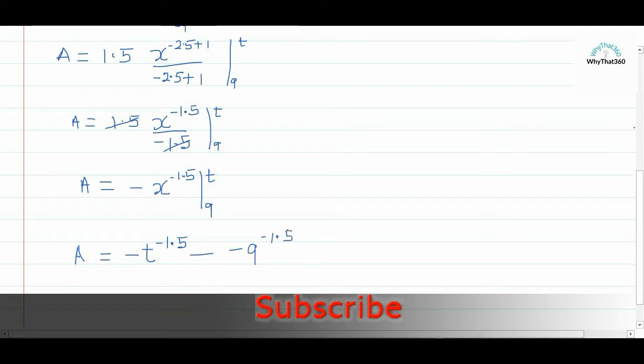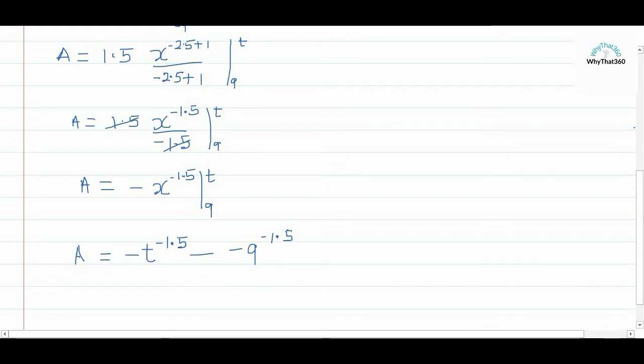Yeah, there are two negatives here. When we substitute 9 in, we will get negative that, and when we substitute t in, we will get negative that, and we have to subtract the lower limit from the upper limit, so that's why we got that. I'll go ahead and simplify again and get negative t raised to the power negative 1.5 plus 9 raised to the power negative 1.5.